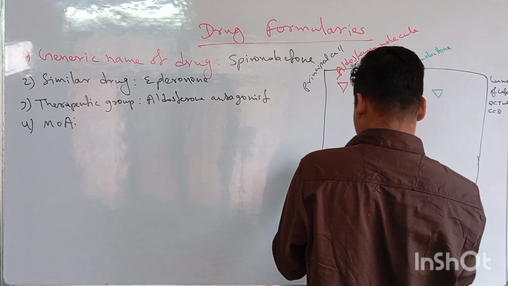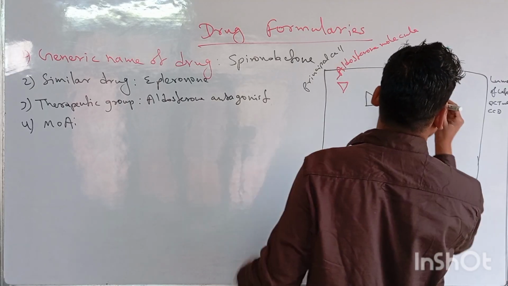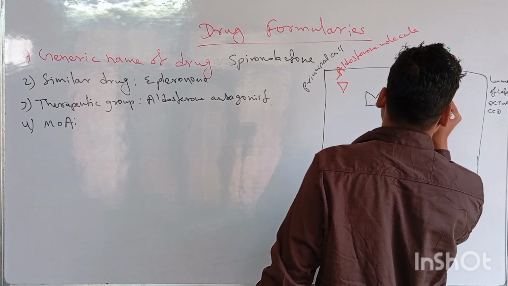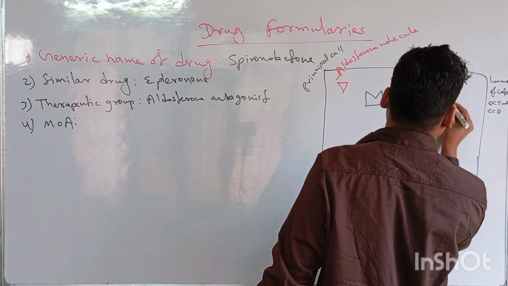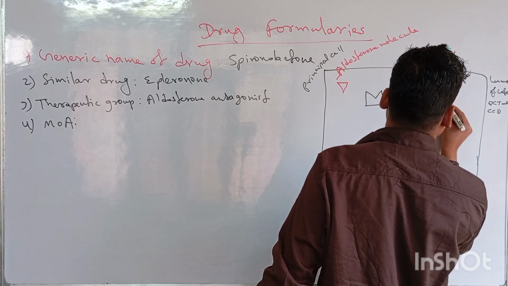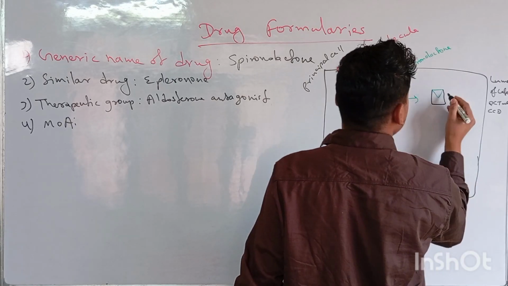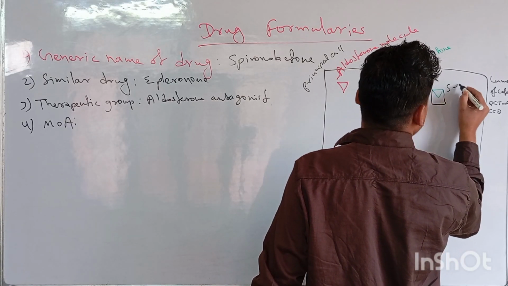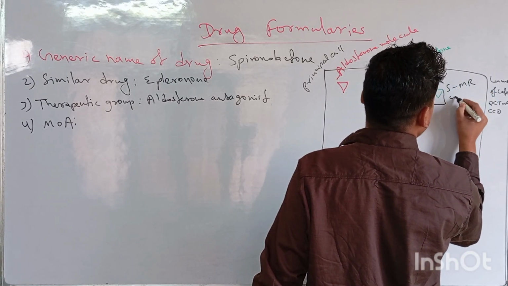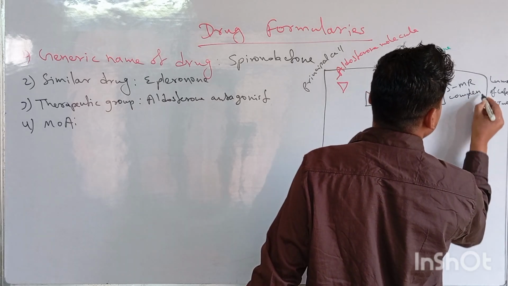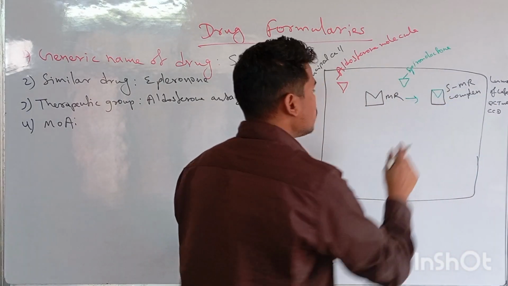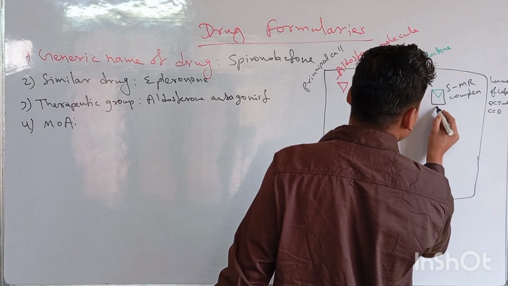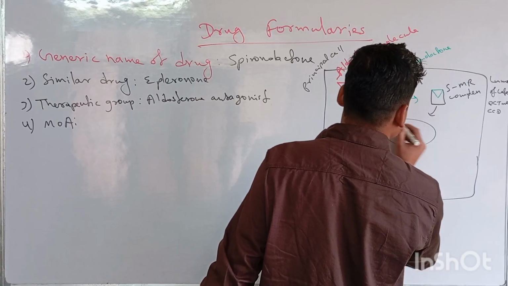then it will be like this. This is the spironolactone mineralocorticoid receptor complex. This complex now will migrate to the nucleus.